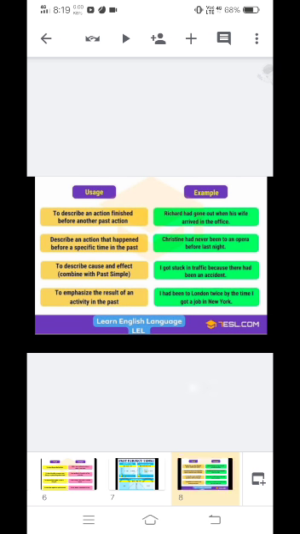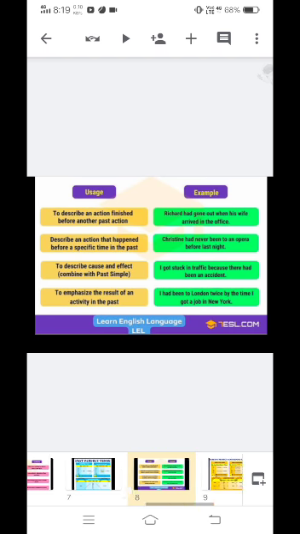To describe cause and effect, like the reason behind it, combined with the past simple: I got stuck in traffic because there had been an accident. So that's the effect, that I got stuck, and the cause is the accident. To emphasize the result of an activity in the past, like I had been to London twice by the time I got a job in New York, like that. Okay, we use this here.